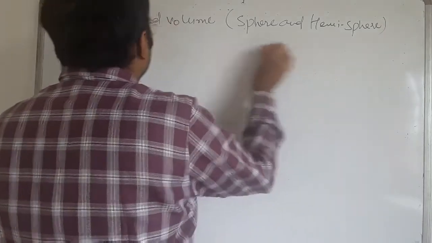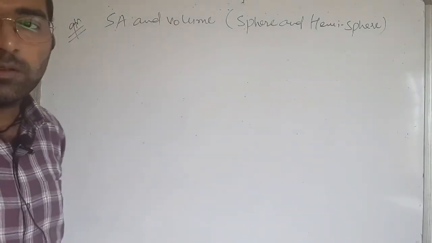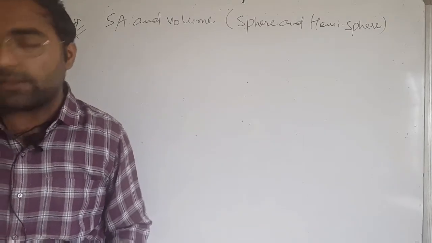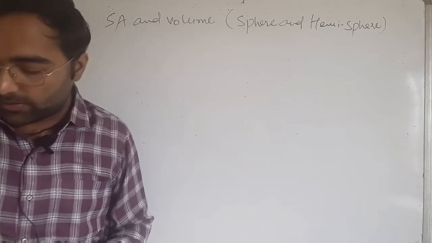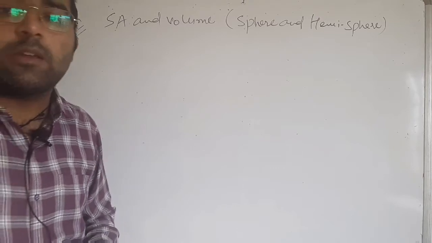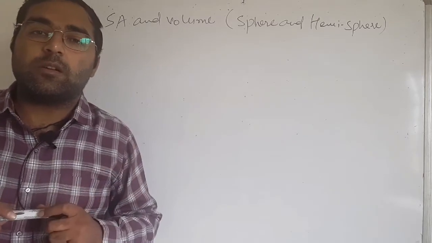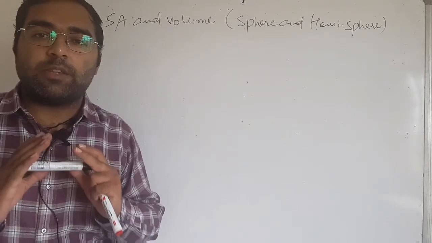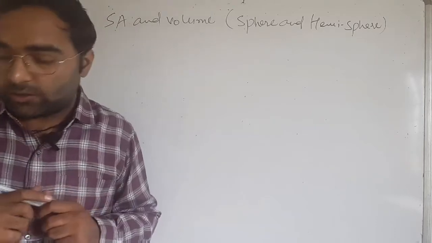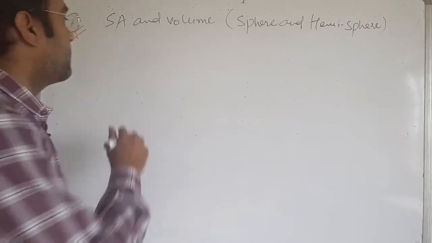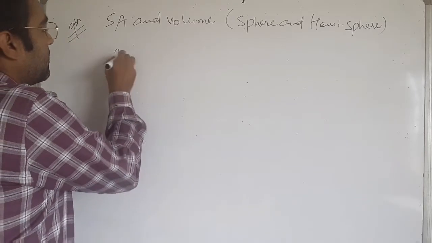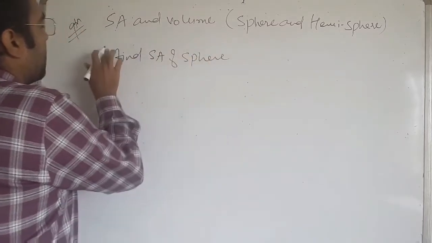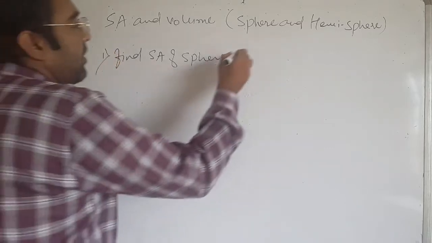My first question is: find the surface area of the sphere of given radius. For a sphere we only talk about the surface area, because the curved surface area and total surface area are the same.